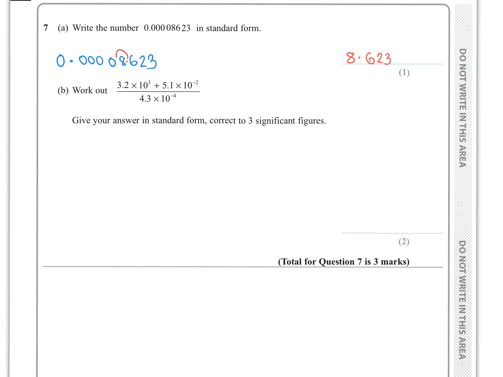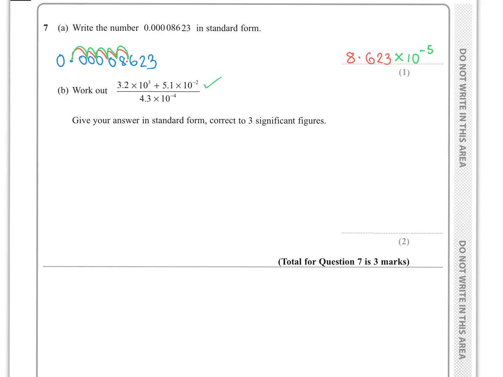But 10, 100, 1,000, 10,000, 100,000, so it has to be divided by 10 once, twice, 3 times, 4 times, 5 times. So it would be 8.623 times 10 to the minus 5, which is the same as 8.623 divided by 10 5 times.